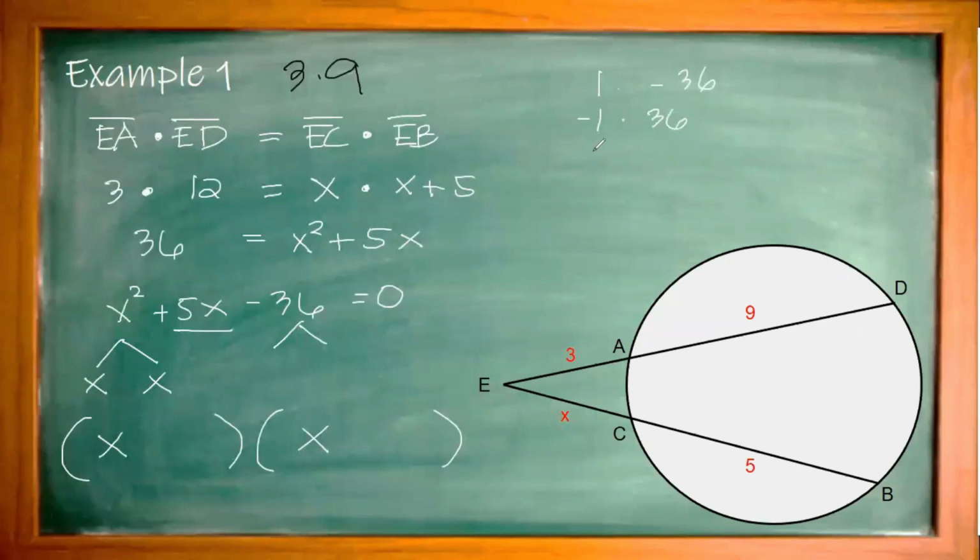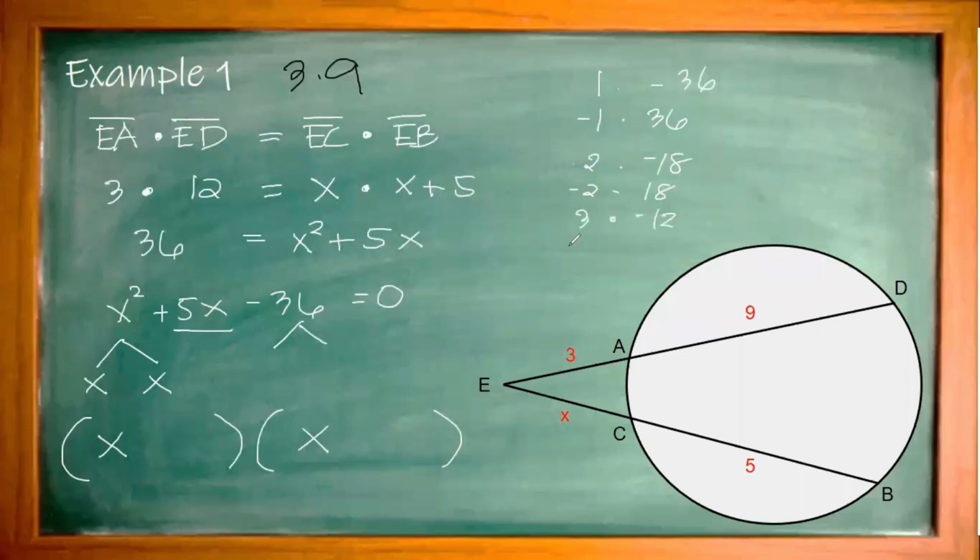Can we have 2? Let's try. Yes, it is possible. 2 times negative 18, and negative 2 times 18. I will get all the possible ones to make it easier. Then we have 3 times negative 12, and negative 3 times 12.